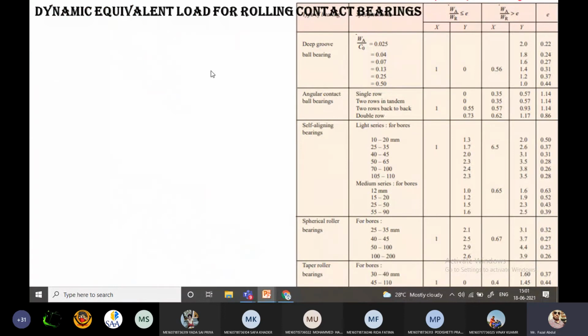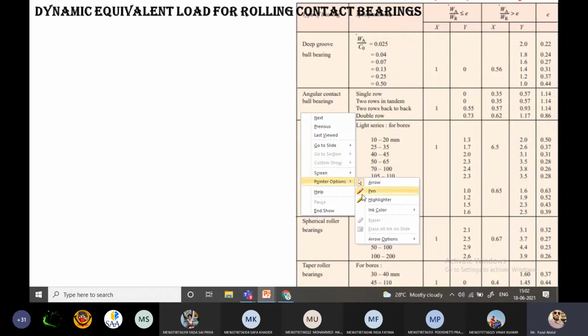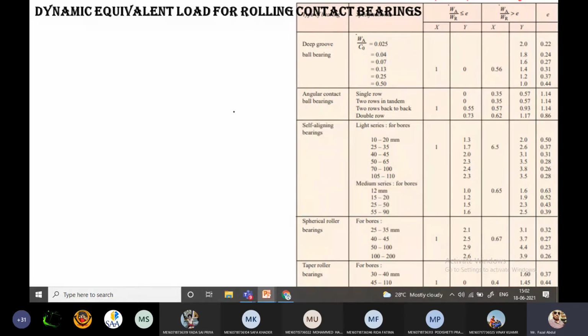And dynamic equivalent load. So dynamic equivalent load is the same as the static equivalent load that we calculated previously.